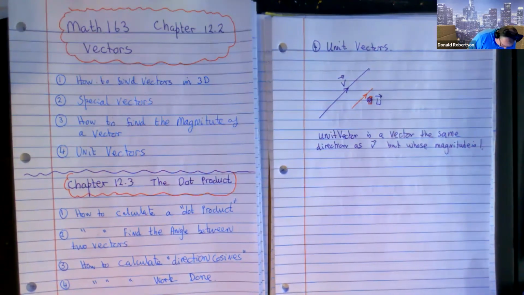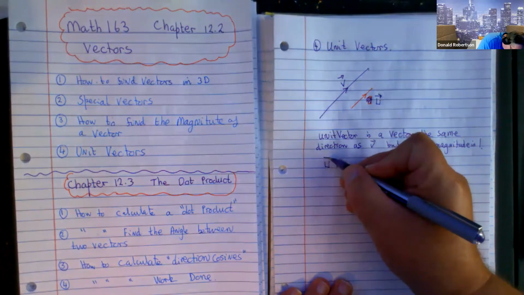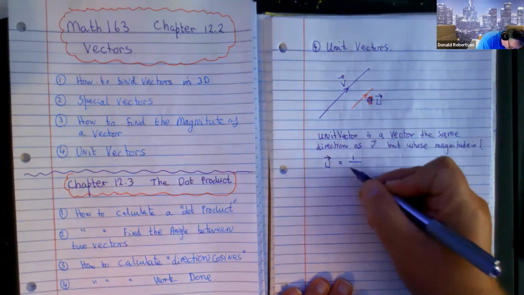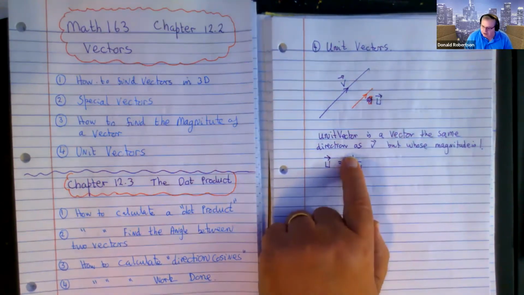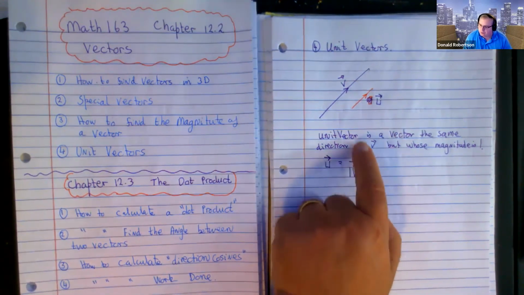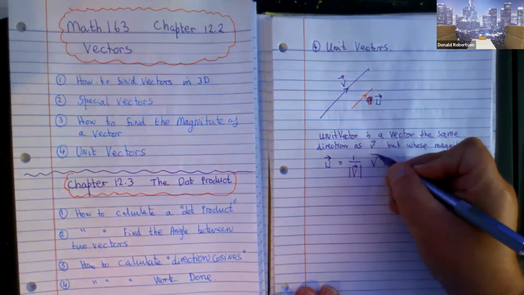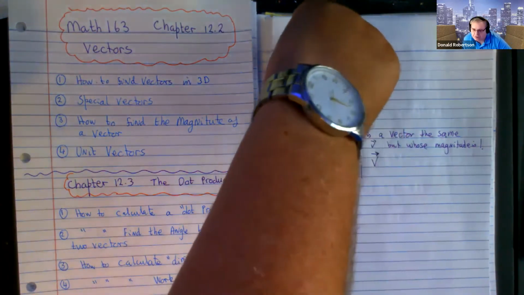Now, how do we calculate a unit vector? Well, it has a formula. The unit vector is 1 over the magnitude of V, of the vector V. So that's a number, right? It's like 1/5, 1/3, 1/2. So what we're going to do is find the magnitude of that vector.